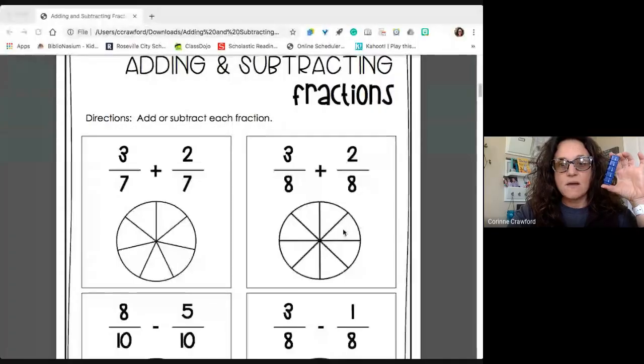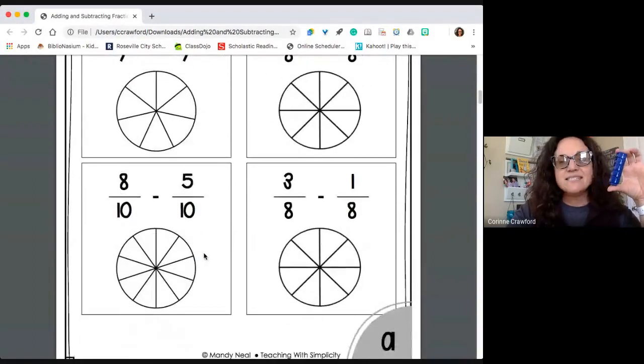Okay, so back to this packet that you already did in class. If we were to subtract, we would be following the same method. So let's look at this example. 8/10 take away 5/10. So if we go back to our blocks and look at our tenths, we start with 8 of them. 1, 2, 3, 4, 5, 6, 7, 8.